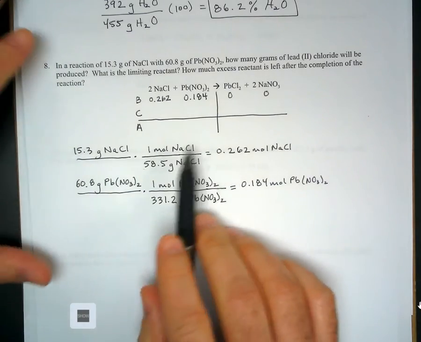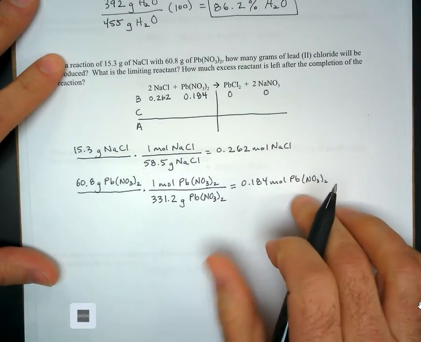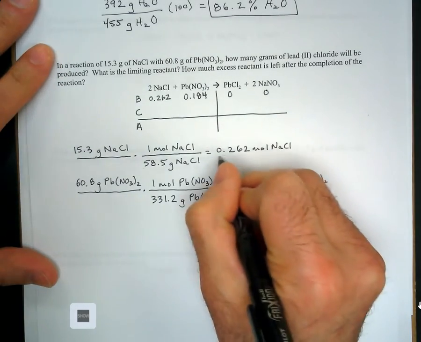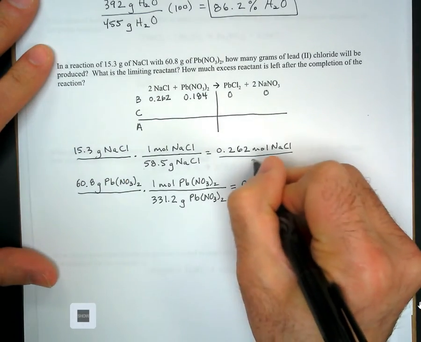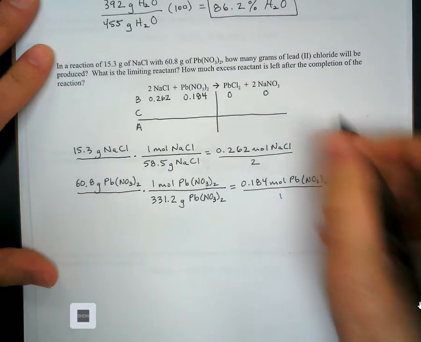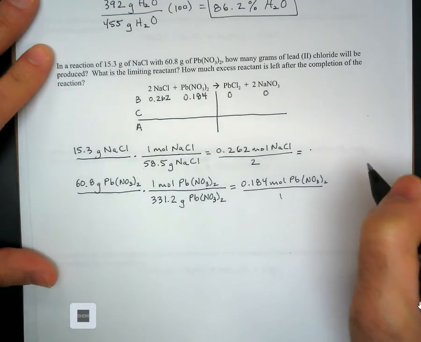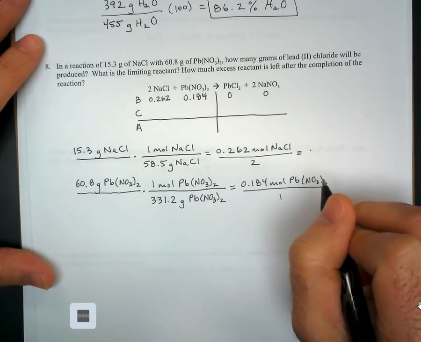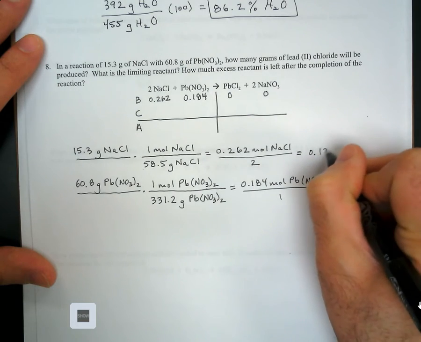Now to find the limiting reactant, we have to take our number of moles and divide by the coefficient. So in front of the NaCl, there's a 2. In front of the Pb(NO3)2, there's nothing, so it's just a 1. So we get 0.131.